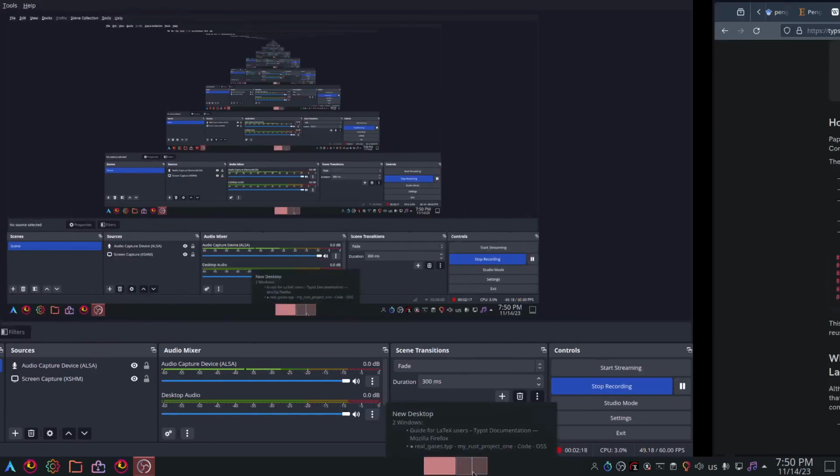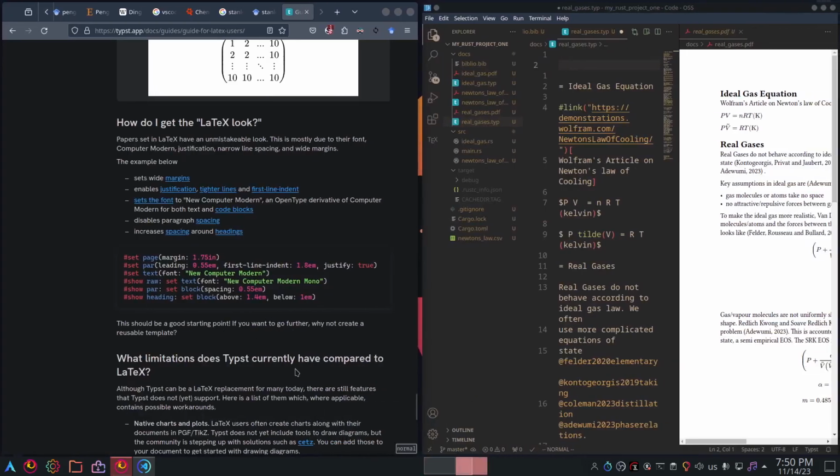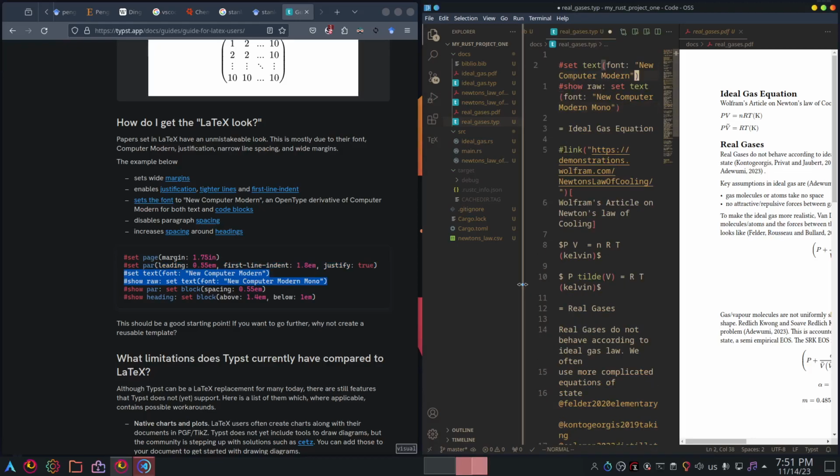To do so, there is a very nice way you can make your document look a bit more like LaTeX. I like to take some of these, like the text is Computer Modern, and of course the justification is true. So let me change the fonts first.